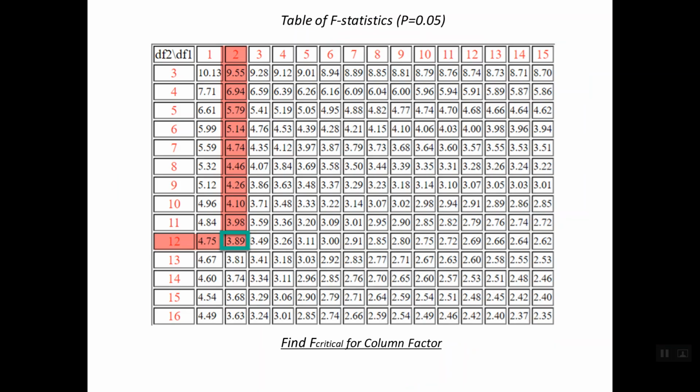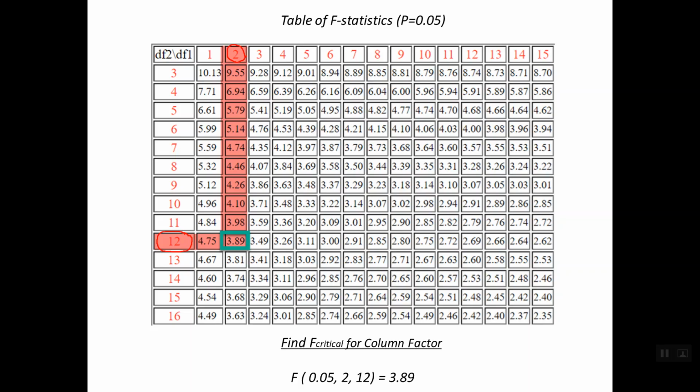So with the same method, this is the degree of freedom for the second factor, 2, and this is the degree of freedom for the error, which is 12. So the intersection is equal to 3.89.